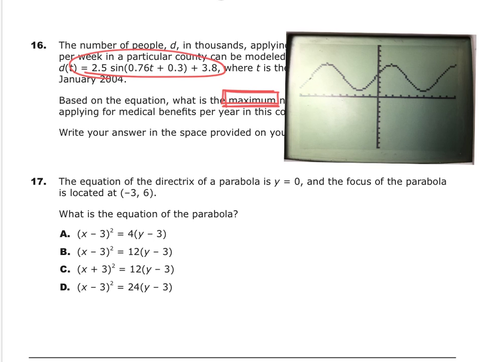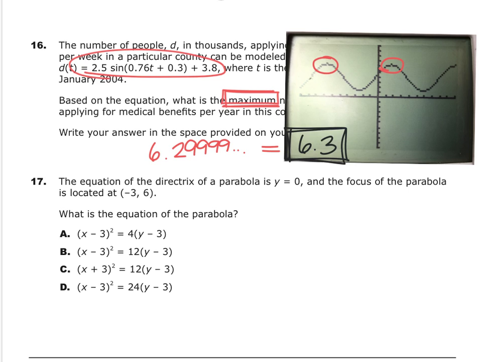And then I'm looking for the maximum, so I'm looking where's the highest that it gets on any of these points. I ended up tracing to find both of them, and both of them say something around 6.29999, which you and I both know if we were going to round that, that would be 6.3. So 6.3 is going to be the maximum there.